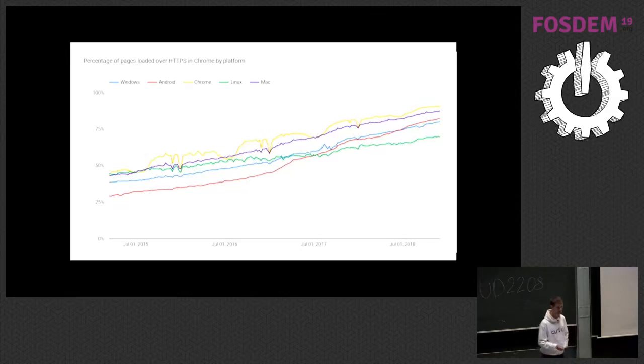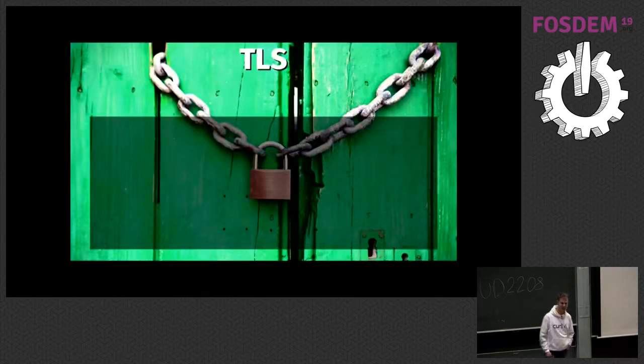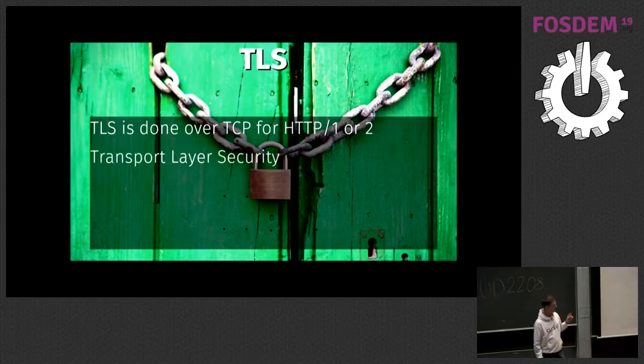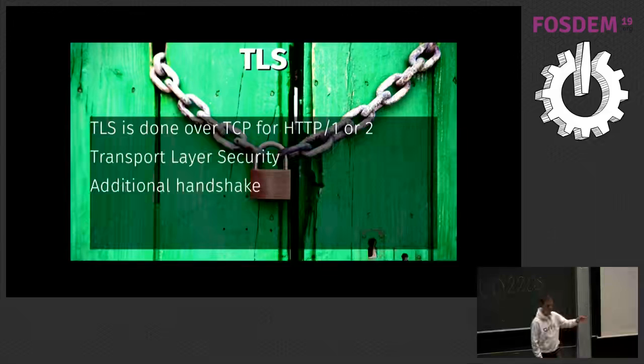So HTTPS being TCP plus TLS, and TLS being the security layer that we add on top of TCP. And that's how we secure TCP, and we do that for HTTP 1 and HTTP 2. And this adds more handshakes, more back and forth. So the three-way handshake from before, you get some extra handshakes to add TLS on top of this.